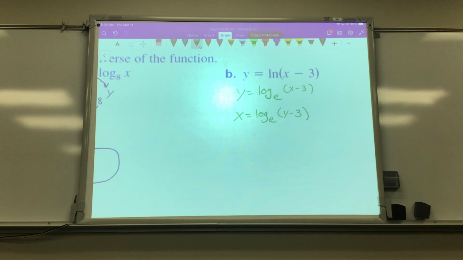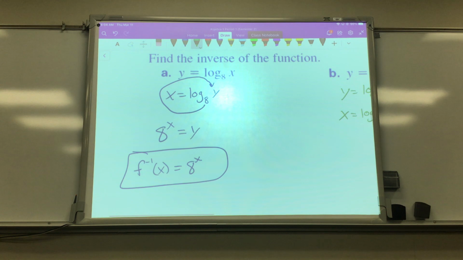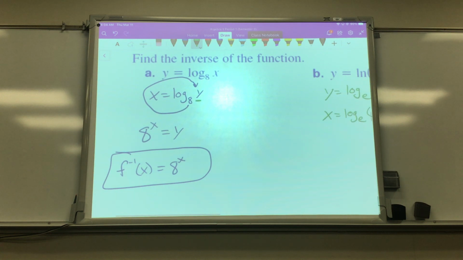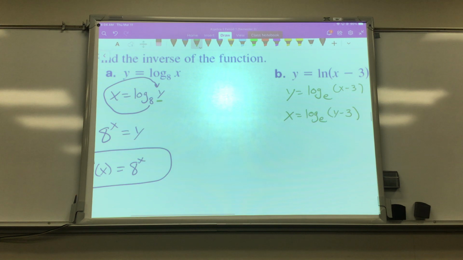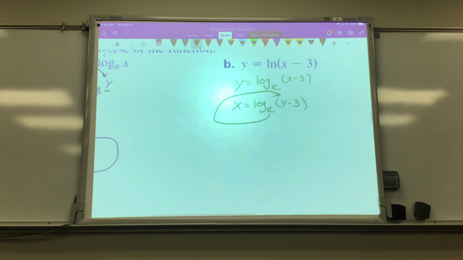Drew, what was that step to help us solve for y then? I don't know. What did we do over here? Y was in the argument, right? What did we do? Rewrite it, right? Into exponential form. That's going to say e to the x is equal to, the argument was y minus 3, correct?